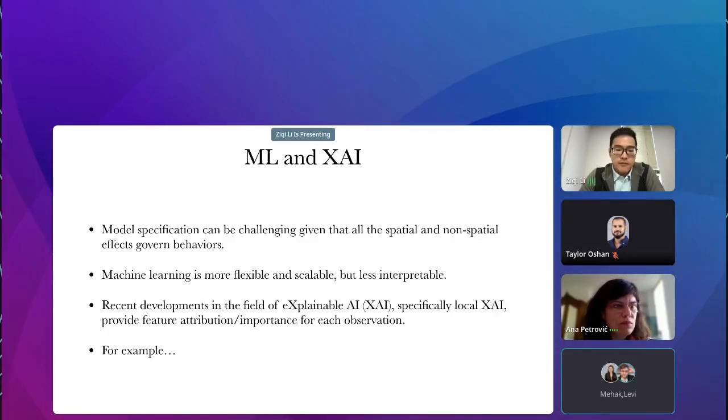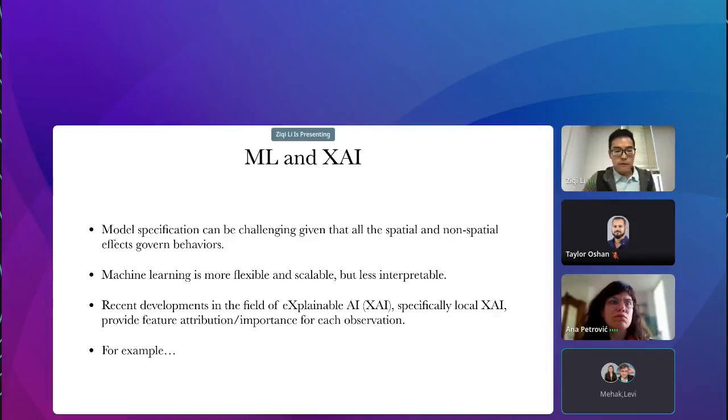Until recently, there have been some methodological developments in the field of explainable AI, specifically local explainable AI, that can provide feature attribution or importance for each observation. And if each observation is georeferenced, then we have this feature importance for each location, essentially.